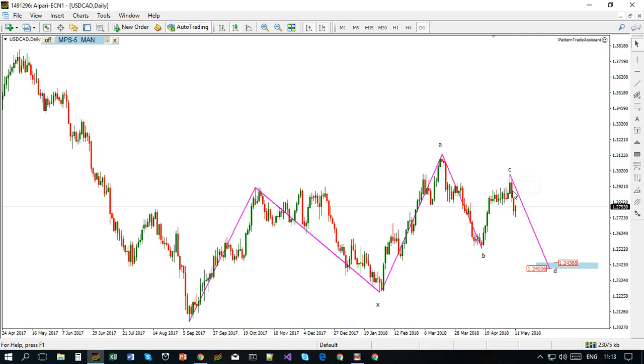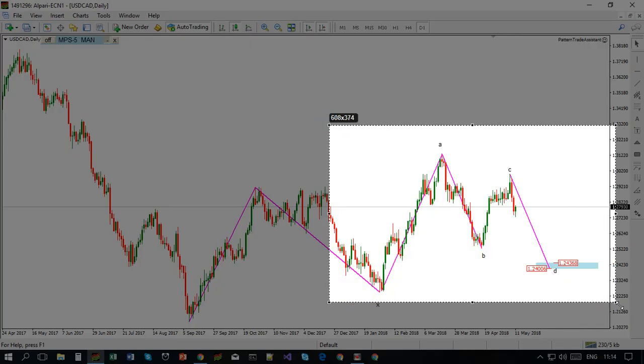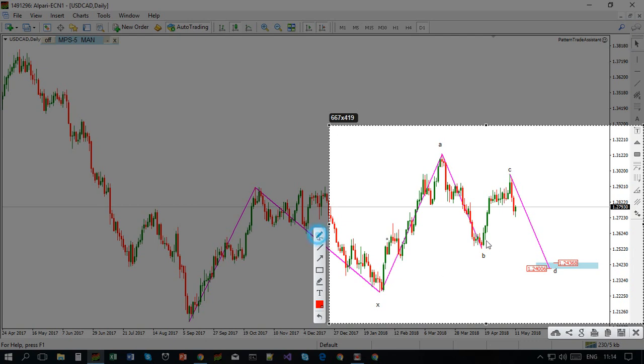Okay, while price is moving here, it should be a straight movement. It is not correct if the movement looks this way, something like that. It will be not correct, or if it moves this way, and it invalidates pattern.